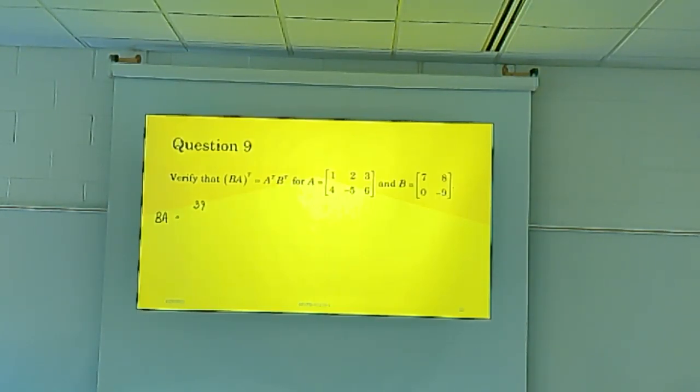So it'd be 0 times 1 plus negative 9 times 4. Oh, that's nice. Just negative 36. Fourteen minus 40. Zero minus 45.